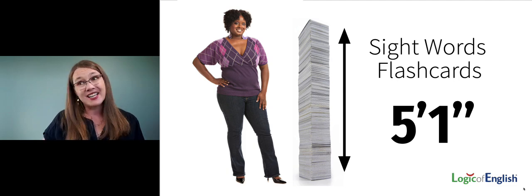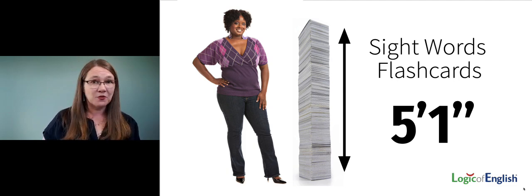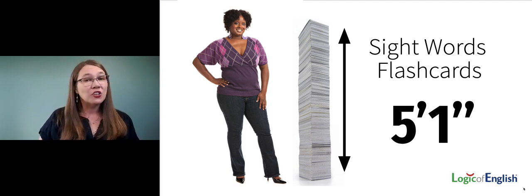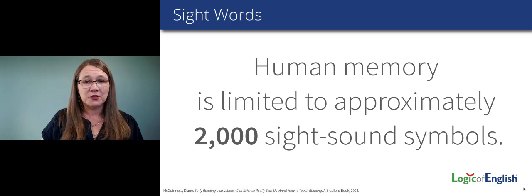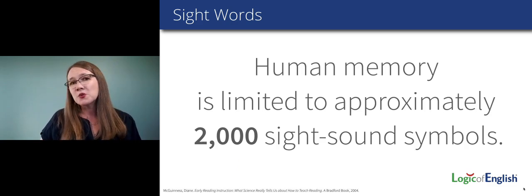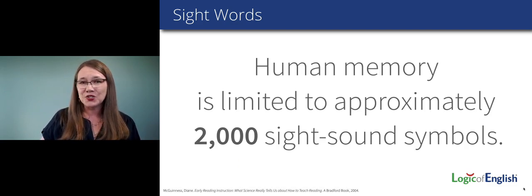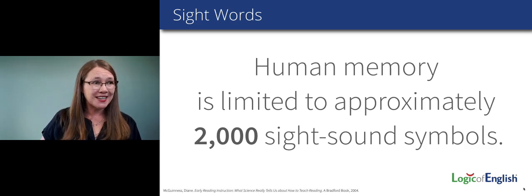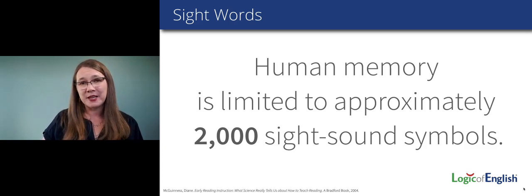You would be drilling sight words constantly if a sight word is an exception, or a word that can't be decoded using the commonly taught phonics rules. Human memory is limited to about 2,000 sight sound symbols, and this means that many adults who are functionally illiterate know around 2,000 sight words, yet they can't read the newspaper for meaning.